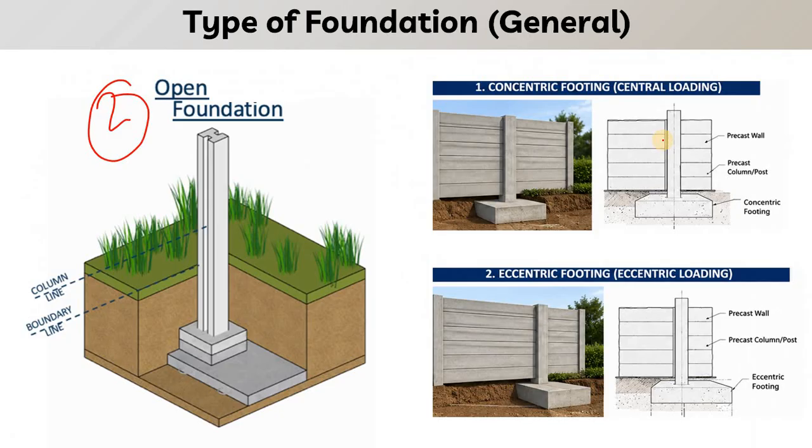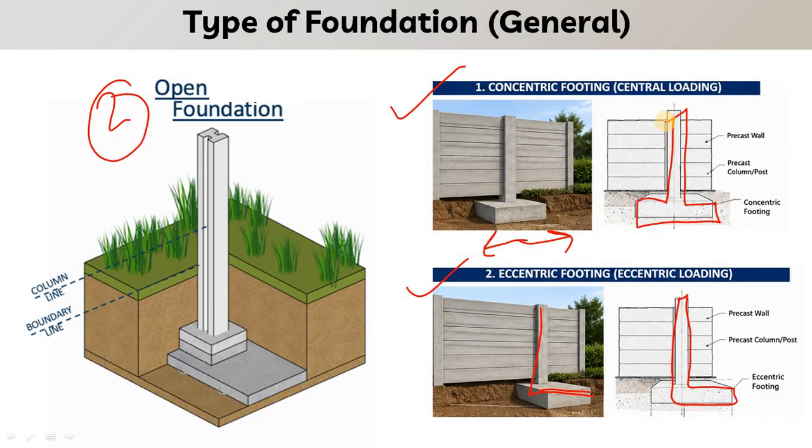Similarly, if you come to open foundation, here you can see the first type is concentric footing, where the footing is divided on both sides, and the second type is the eccentric footing, where the footing is only on one side. So the footing will be like this. This is the eccentric footing, and this kind of footing is known as concentric footing. So it depends.